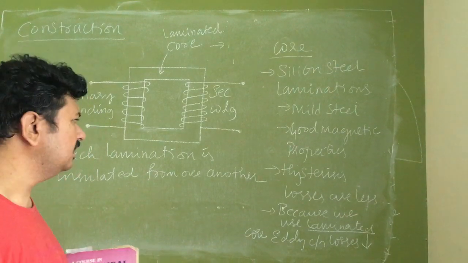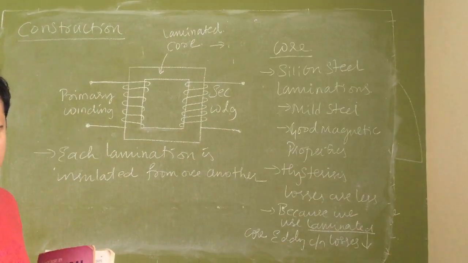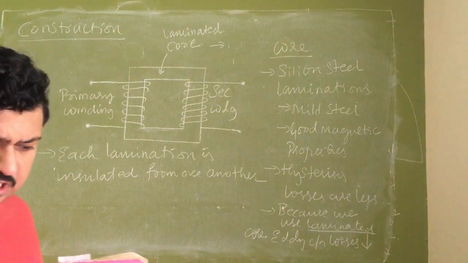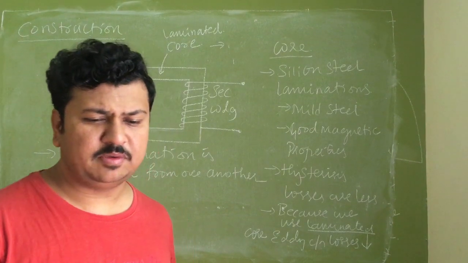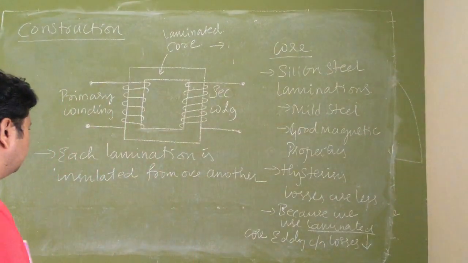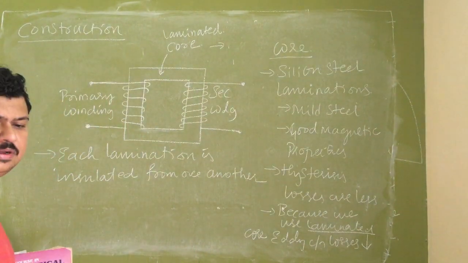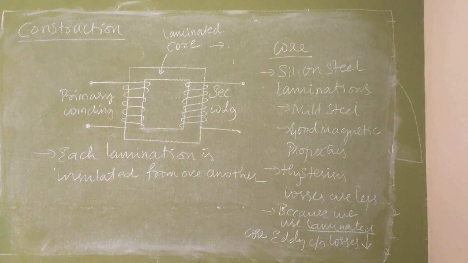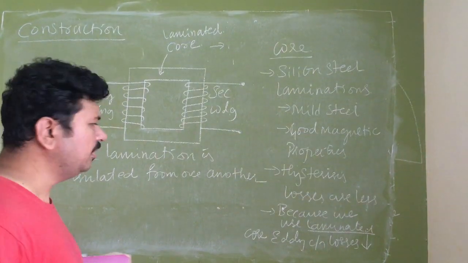It may vary the properties of the conductors. So there will be a lot of harm to the performance as well as the physical condition of the transformer. Hence, we don't use a solid core. Instead, we use a laminated core.